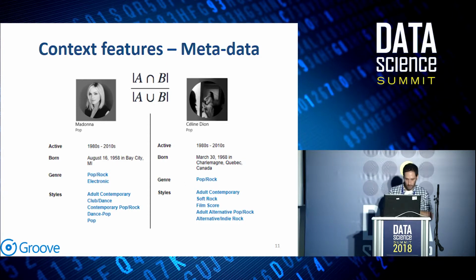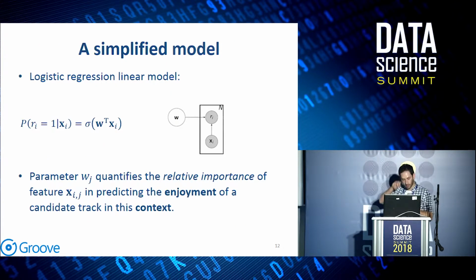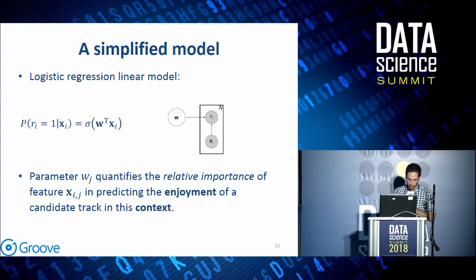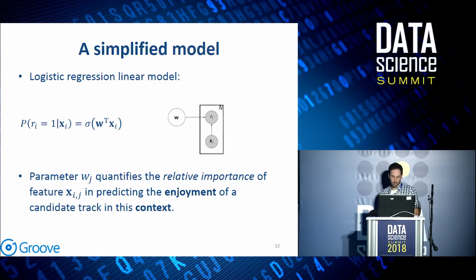So let's start with modeling this problem. A simple model in this case would be a logistic regression model, because this is a classification problem as we described it. And here the simplest model is a linear logistic regression model. This is a plate notation, a very common description of a model in Bayesian statistics.